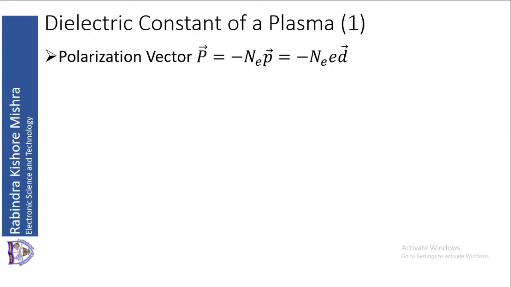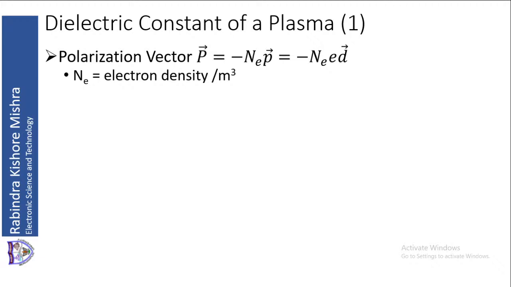Then the polarization vector P is equal to minus Ne, Ne being the density, into little p, the dipole polarization. So minus Ne into p, that you can write as minus Ne into e into d. p is defined as e into d, the dipole moment.